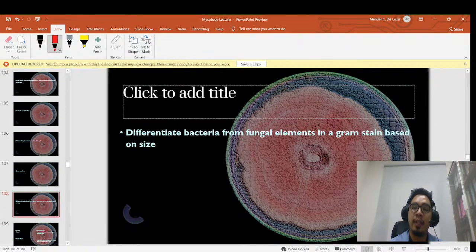Differentiate bacterial from fungal elements on gram stain based on size. Okay, so this one is quite tedious, but I'll try to differentiate it for you guys. Bacterial cocci are about half the size of yeasts, while hyphae are two to three times wider than bacilli.